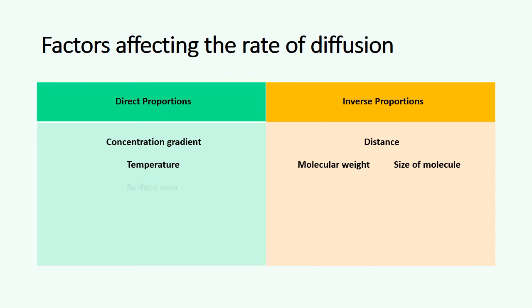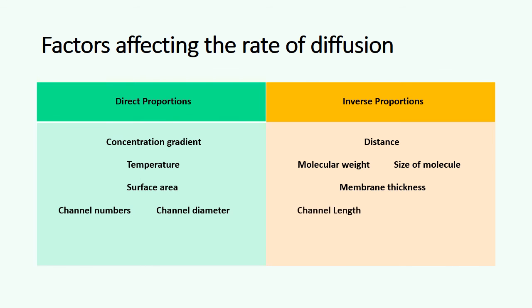Increasing the surface area of the membrane increases the diffusion rate, while increasing the thickness of the membrane reduces the diffusion rate. Increasing the number and diameter of the channels can increase the diffusion rate, whereas increasing the length and resistance of the channels may reduce the diffusion rate.